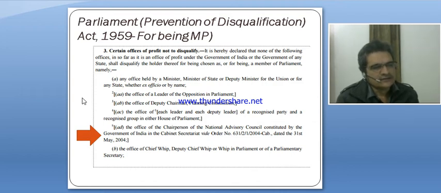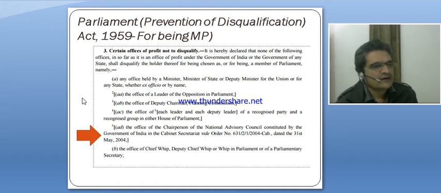Now, I was mentioning this Act of Parliament which lays down the offices which do not attract disqualification as being an office of profit for an MP. Section 3 of this act, in fact this act is made as per the provisions in the constitution itself, which we saw in Article 102.